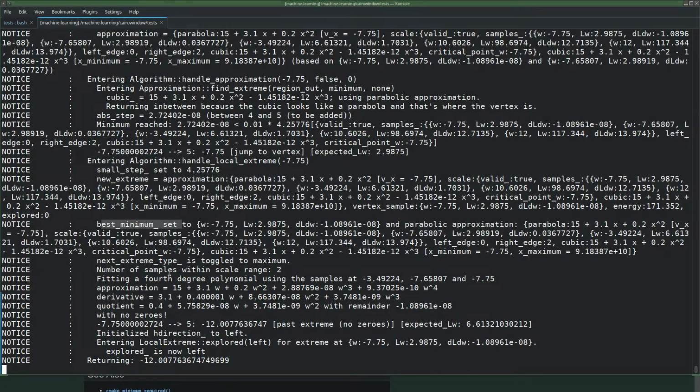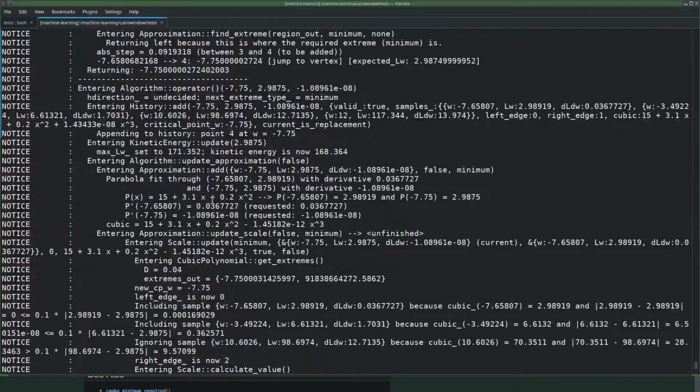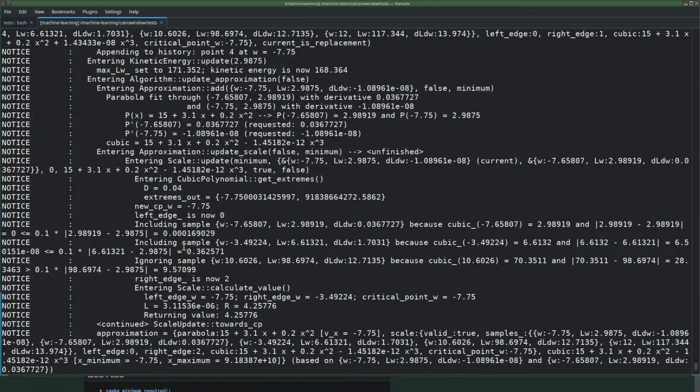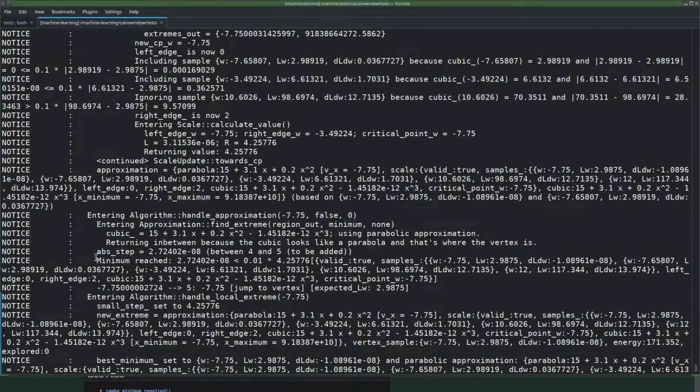There's the best minimum set to, and then returning the actual critical point minimum. Minimum reached.